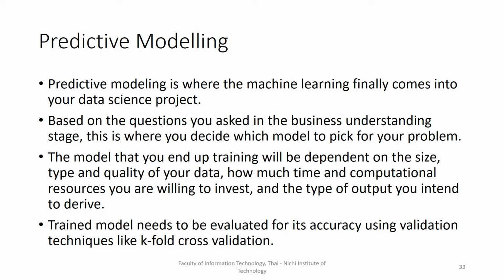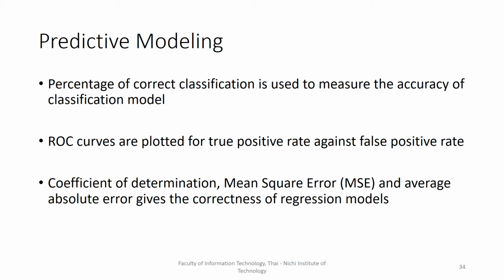The percentage of correct classification is used to measure the accuracy of a classification model. This is for getting the data into a particular category, so it forms a classification problem. So the percentage of correct classification is the metric which we use to measure the accuracy of that particular model. ROC curves are plotted for the true positive rate against the false positive rate.